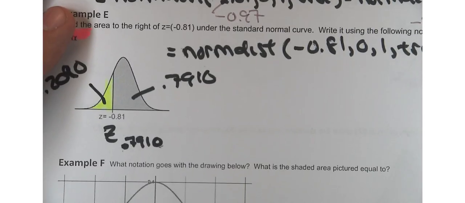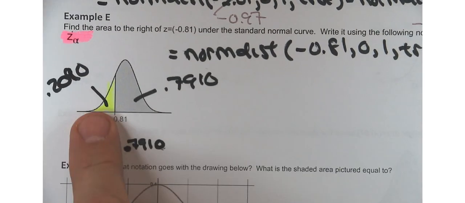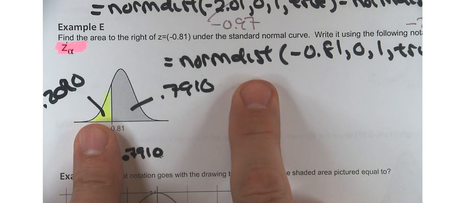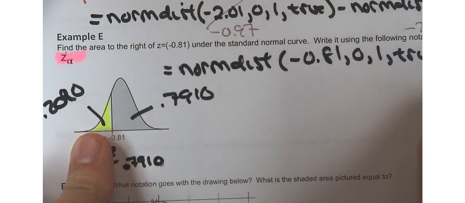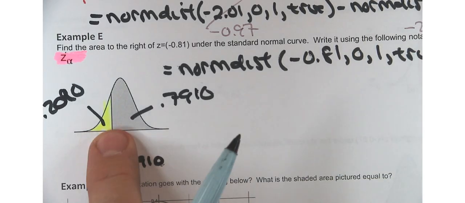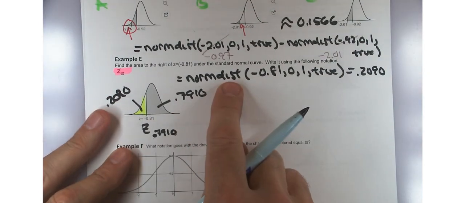How did you get 0.79 again? Sure. So first I found this area in the left tail, which was 0.2090, and that's the area in the left tail right there. That's what my Google Sheets command gave me for this.